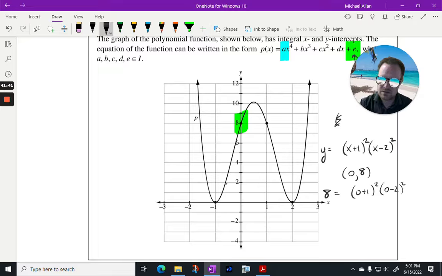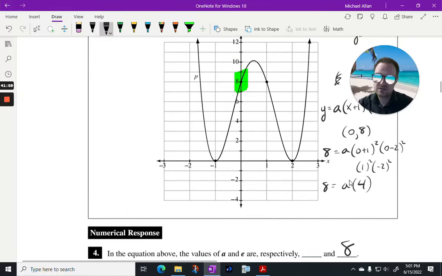But I don't. 1 squared, -2 squared, this is equal to 4. So something has to be in this gap here to make this work. Some a value has to be used to make sure that this works. So it just looks like a has got to be 2.